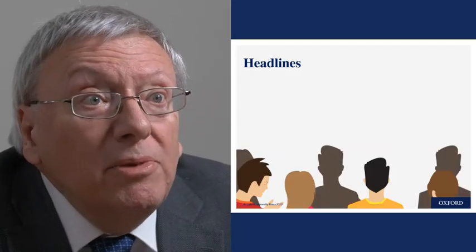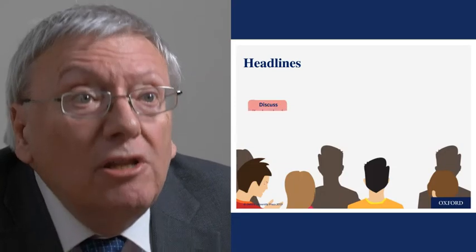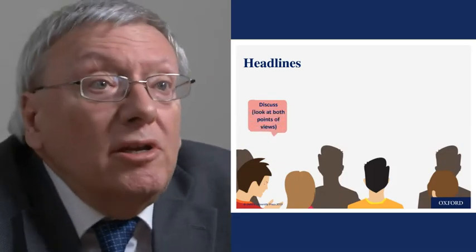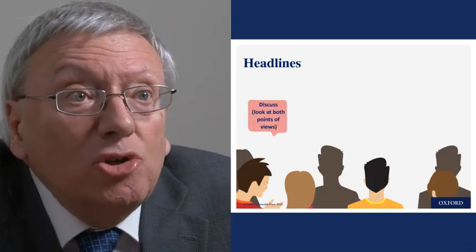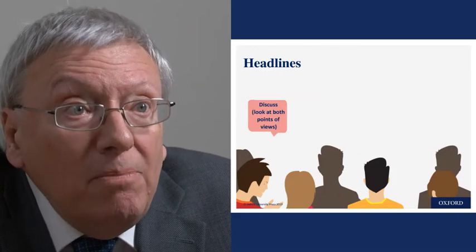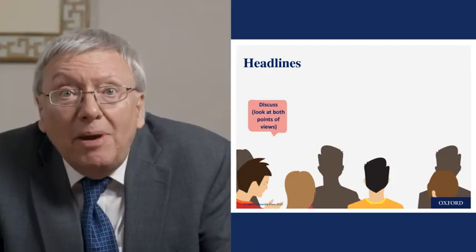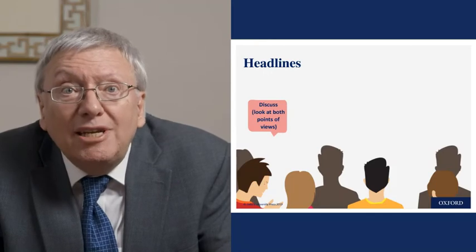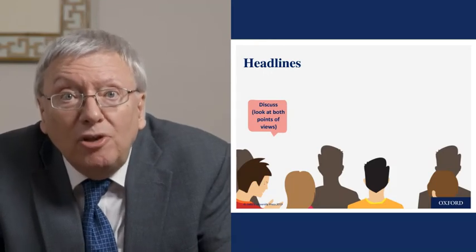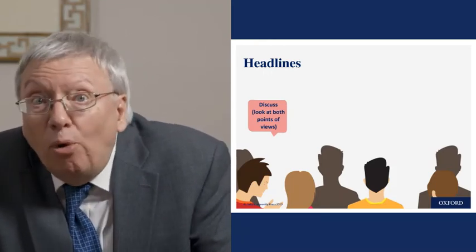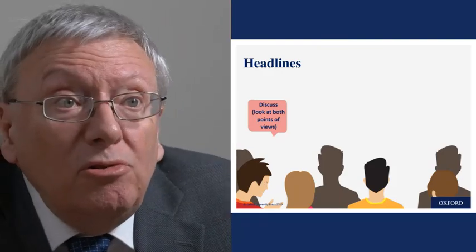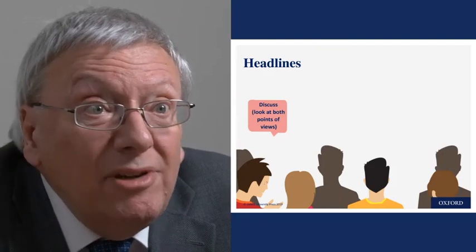So, here are some of the headlines of this video. The first headline is that one frequently asked question is in relation to how to score maximum marks in the 8 marks discussed questions. The main thing to stress is that students need to look at both points of view to gain a mark of more than 5. The 2 points of view do not need to be covered evenly.